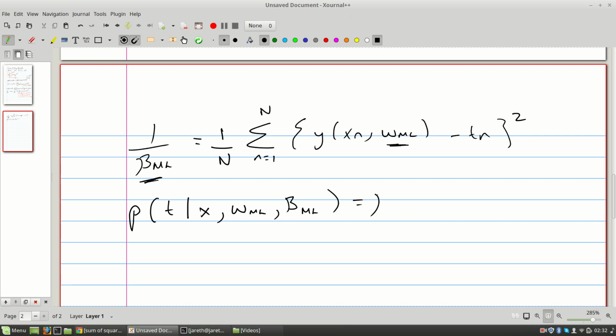This is just a normal distribution over t, given by our mean. The mean of this distribution is given by this predictor function y(x, wML), and the variance is just the inverse of the precision, right?